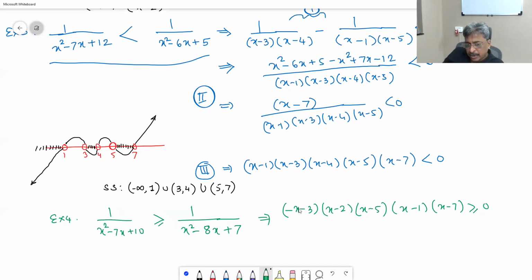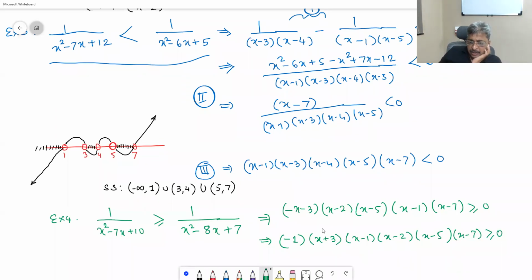Now it is really difficult to deal with this, so you have to be absolutely simple about it. Minus 1 taken out common from this, and then it becomes x plus 3. So the critical point is minus 3, which is going to be the smallest. Then the next smallest are x minus 1, x minus 2, x minus 5, x minus 7, and the product should be greater than or equal to 0.